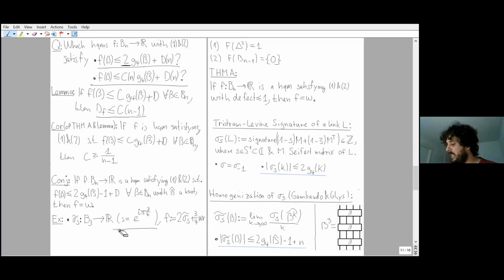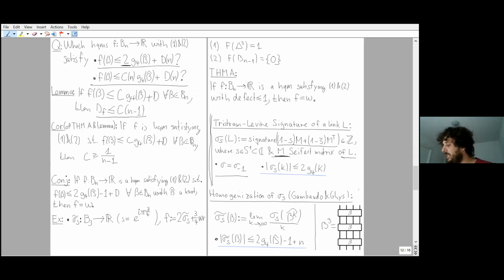So for this to make sense, I have to give you a very brief crash course on Levine-Tristram signature. That's over here. And it doesn't really matter what it is, but for completeness, it's the signature of a Hermitian matrix that is built out of a Seifert matrix for a link. If you know what these terms are, great. Otherwise, it's some knot invariant.